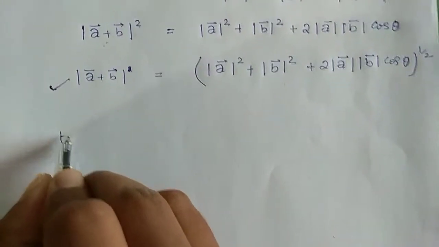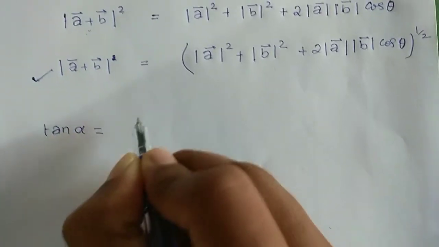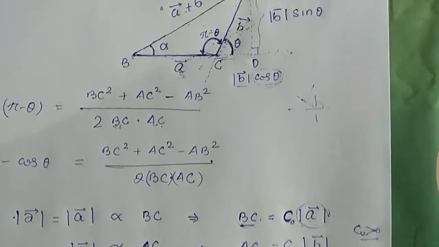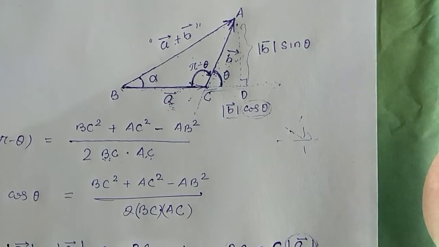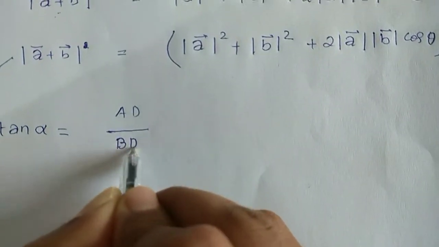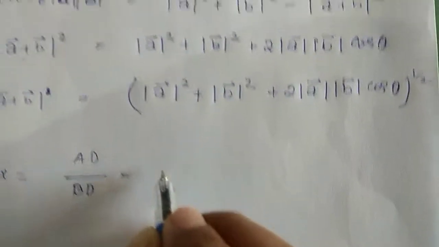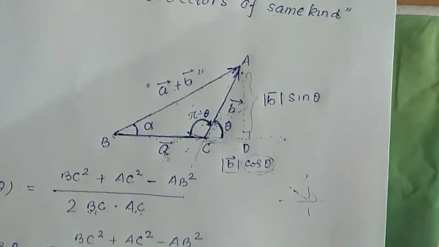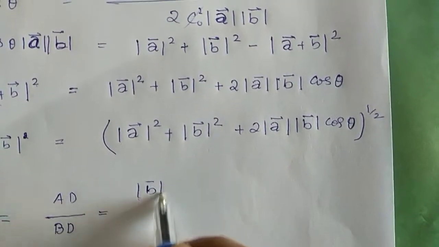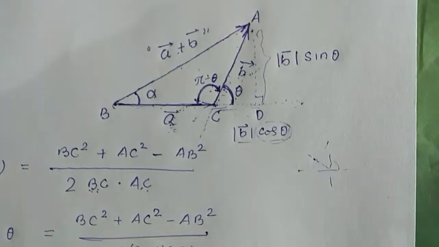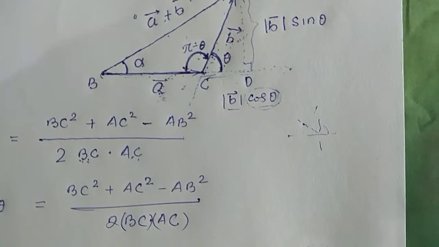Now tan of alpha is equal to AD by BD, and BD is actually BC plus CD. AD is mod of B sine of theta, divided by BC plus CD.